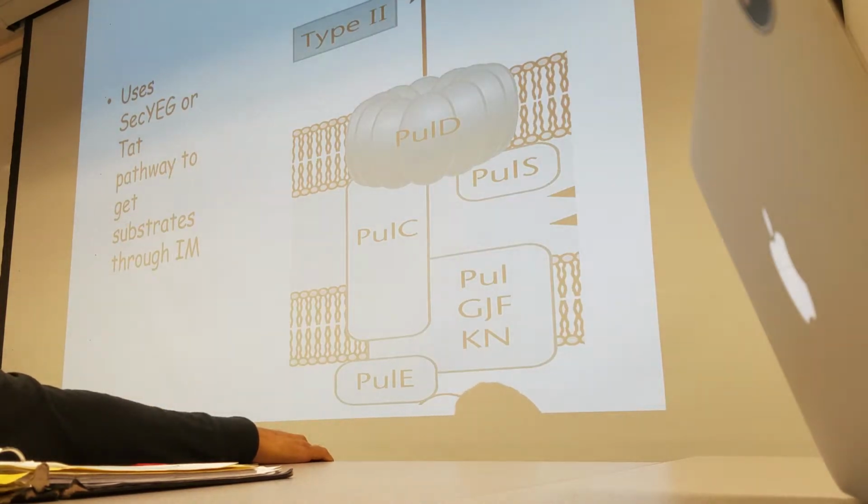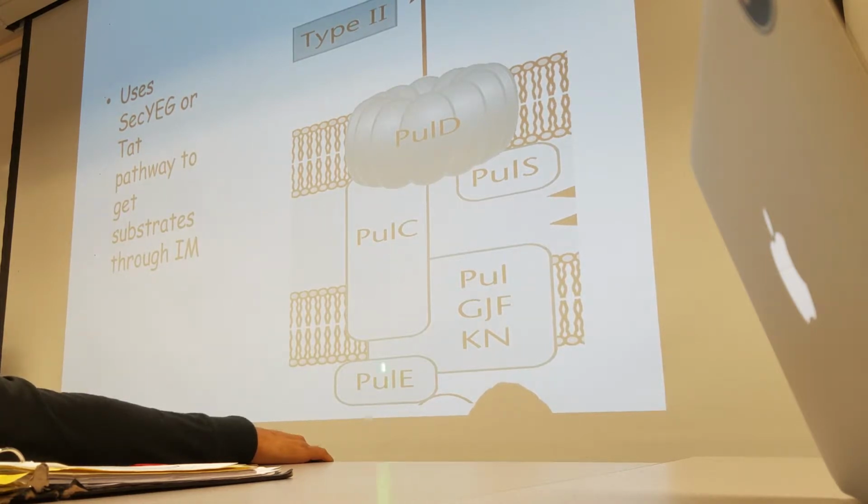So when you look at it, this one in the beginning can either use SecYEG or TAT to get the substrates through the inner membrane. When I talked to you about these 2 different secretion pathways for the inner membrane, it depends on what it is. And this is just using one particular set of gated channels.